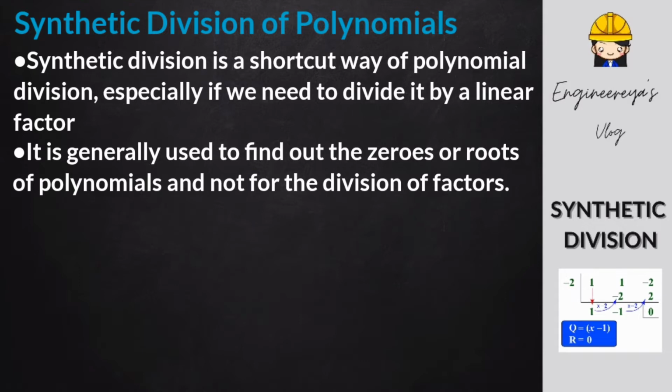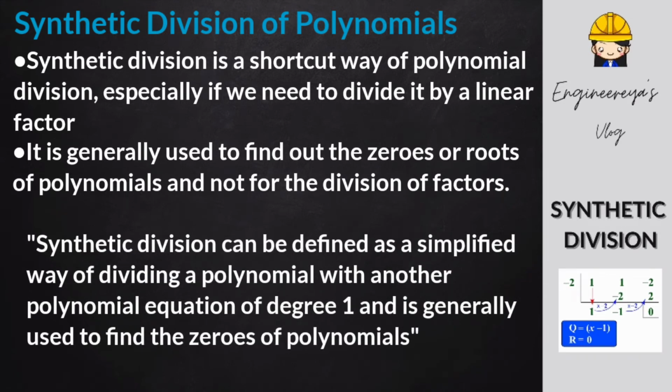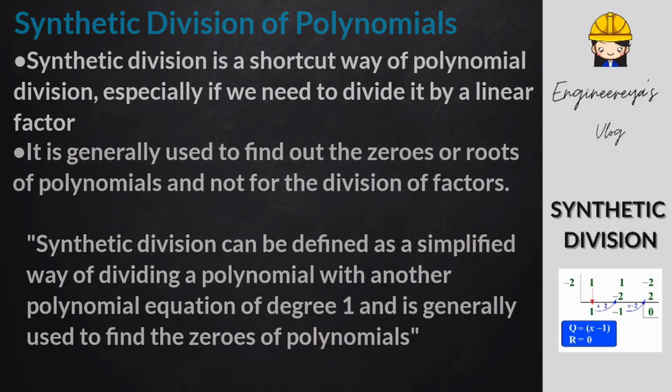The formal definition is: synthetic division can be defined as a simplified way of dividing a polynomial by another polynomial of degree 1, and is generally used to find the zeros of polynomials. The division is performed manually with less calculation effort than the long division method. Usually, a binomial term is used as the divisor in this method, such as x minus b.